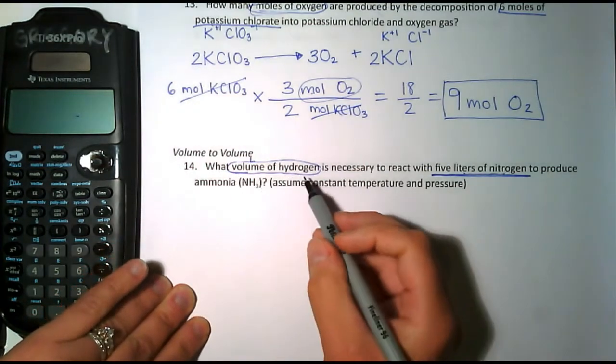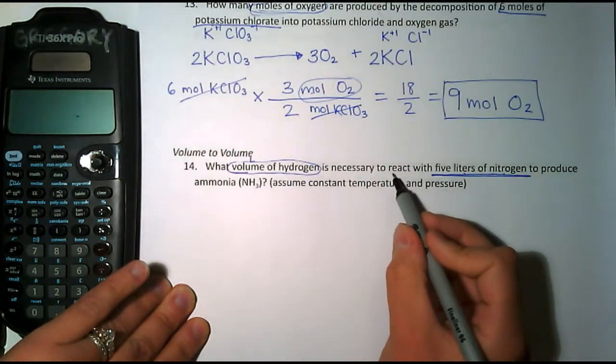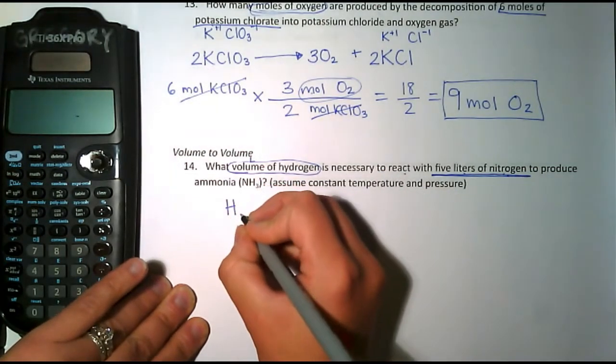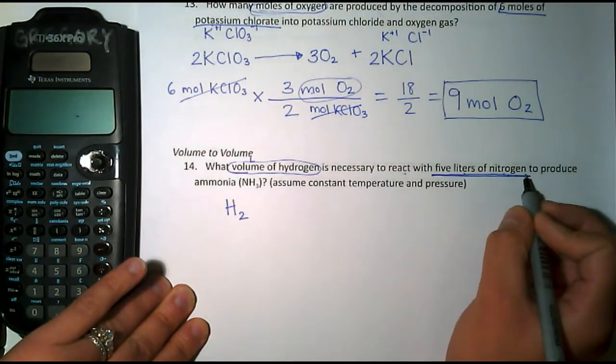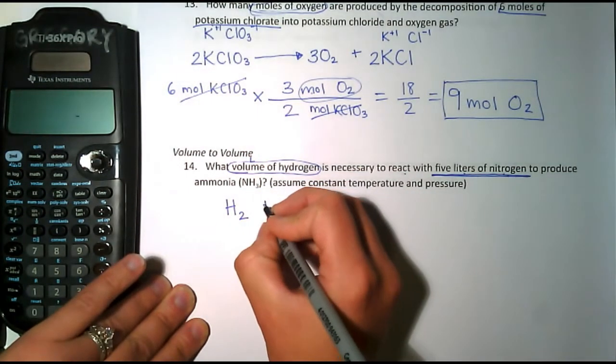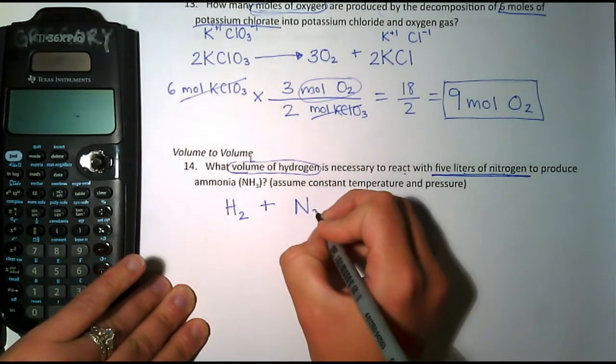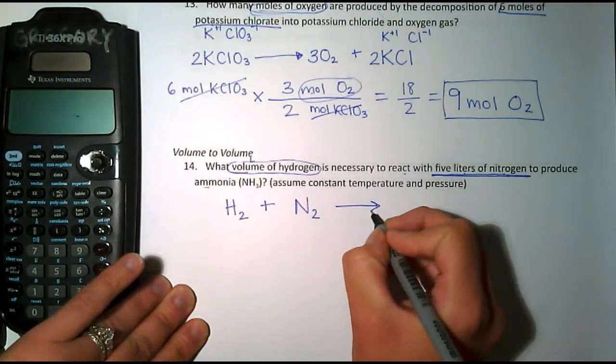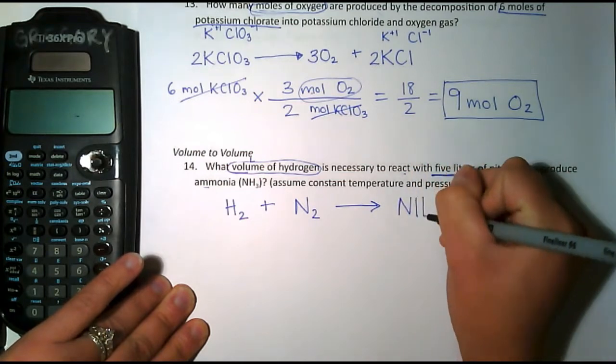So we have hydrogen reacting with nitrogen. So hydrogen's diatomic, so I'm going to put H2, reacting with nitrogen, which is also diatomic, so N2. And it's going to produce ammonia, which it tells us that is NH3.